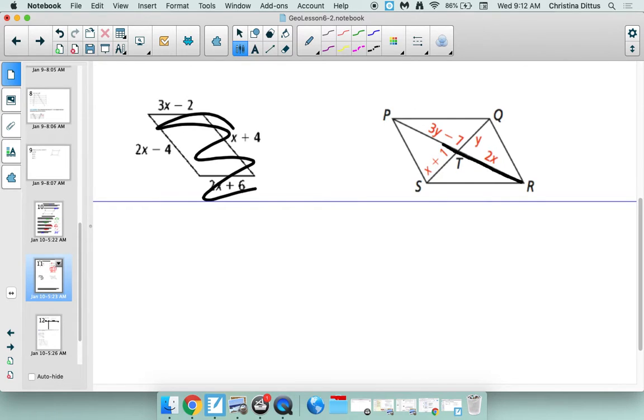And we said that the diagonals do what? Bisect. And what does it mean to bisect? Split in half. And these halves are equal. So 3y minus 7 has to equal that 2x. And what else has to be true? Yeah, x plus 1 equals y.